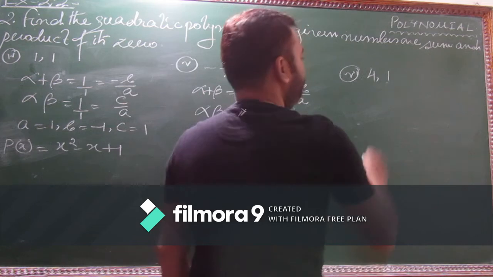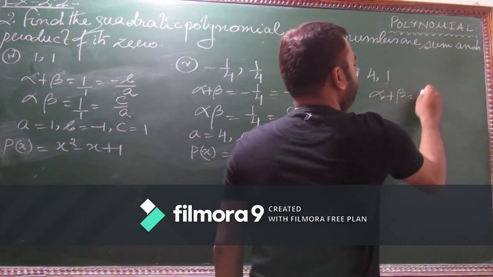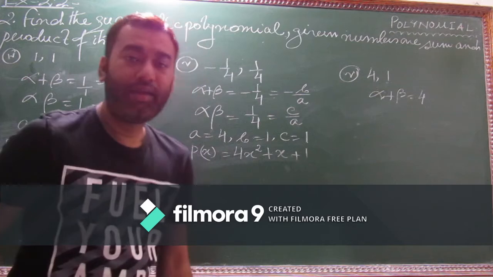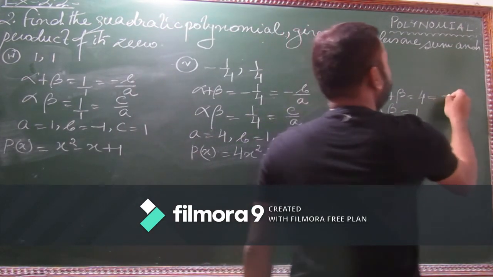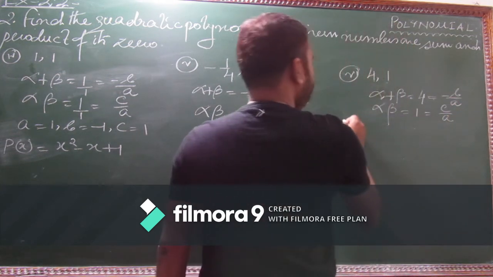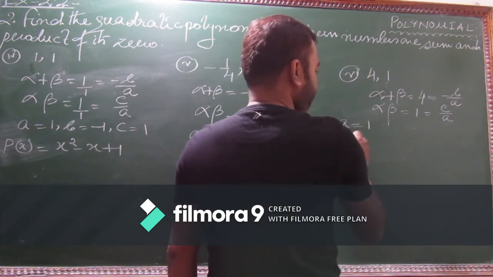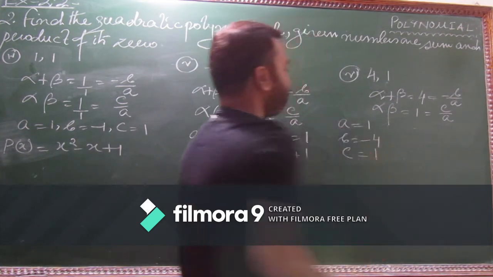Now here alpha plus beta is equal to 4, okay, and alpha into beta is equal to 1. This is minus b by a, this is c by a. Then a is equal to 1, b is equal to minus 4, c is equal to 1.